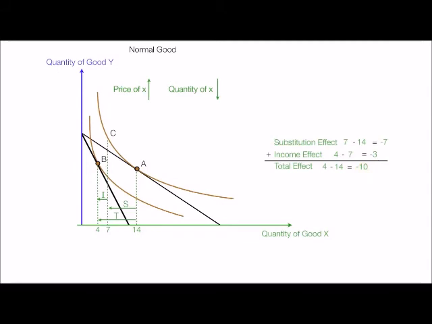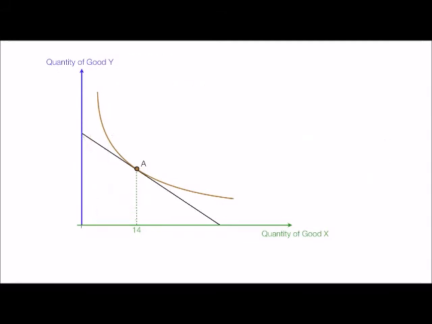And now let me show you the same for an inferior good. Like before, the price of X goes up, and the quantity of good X will go down. The budget line rotates inward like this. The consumer will buy less. Let me draw in another indifference curve, a second indifference curve.